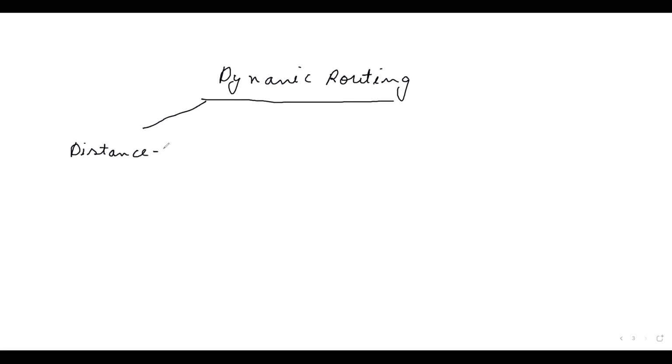This is an algorithm and a type of routing. The second one is link state. Then I have a mixture, a combination of distance vector and link state, called hybrid routing.